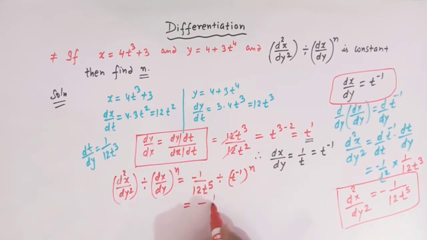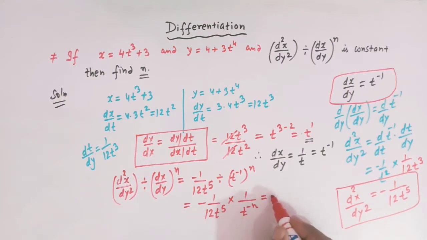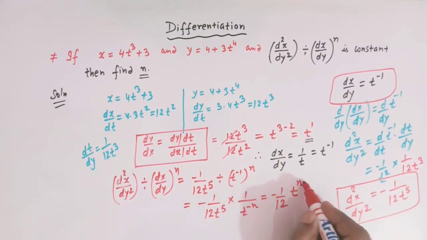So this is minus 1 over 12t⁵ multiplied by 1 over t⁻ⁿ, and now this division is converted into multiplication. If we take both these t's to the numerator, we have minus 1/12 times tⁿ⁻⁵.